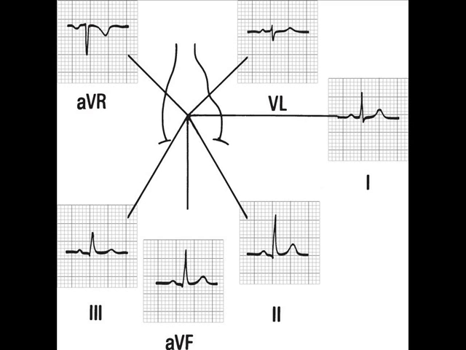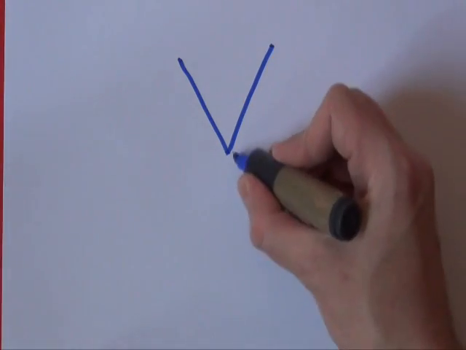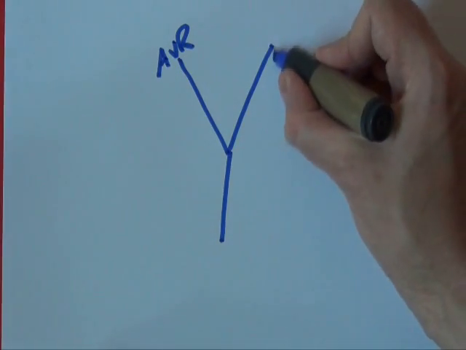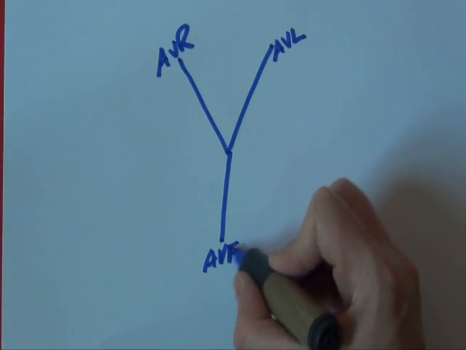So why don't we just draw that very quickly? I'm drawing a Y shape, simple as that, labelling it AVR, AVL and AVF. You can simply do this on the back of your 12 lead.